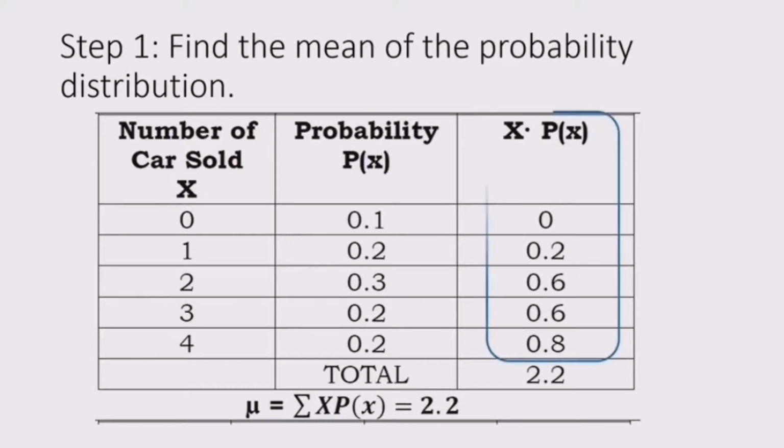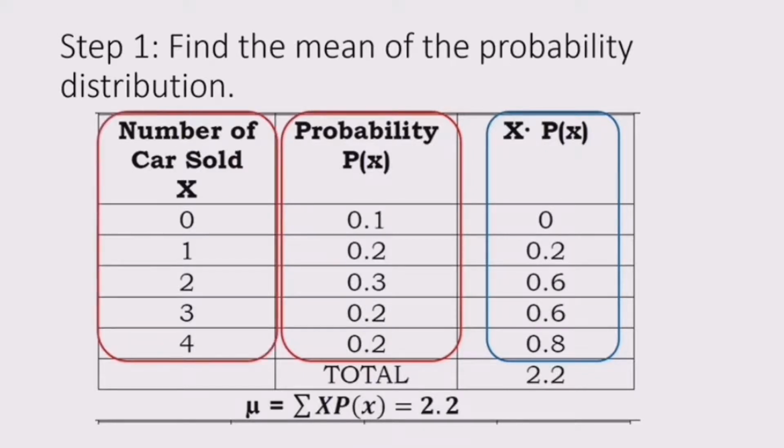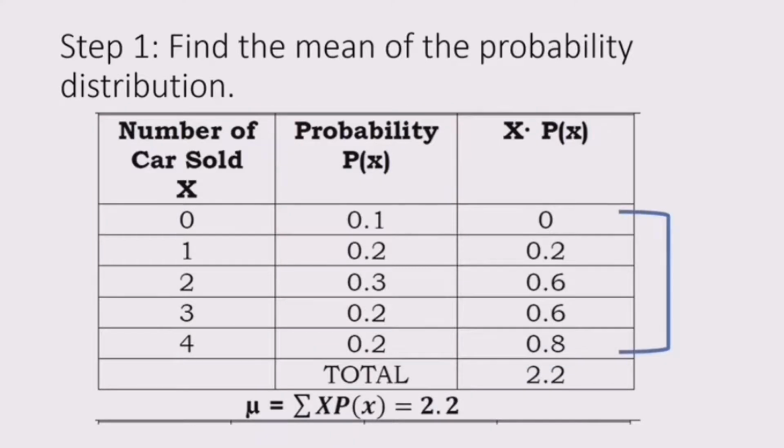So kung maka-recall mo, ang kaning third column or kaning X times P of X, ato orang gimultiply ang probability P of X ngadto sa X. Then atong gitotal ang tanang naa sa third column, which is ang result is 2.2. So therefore, ang mean of the probability distribution is 2.2.